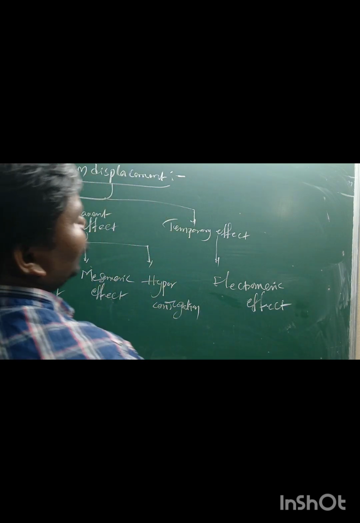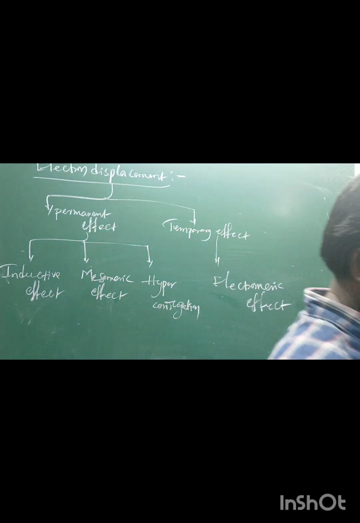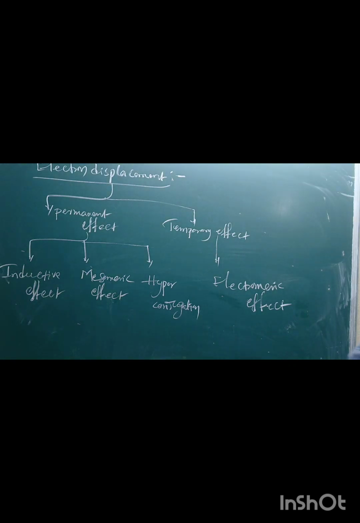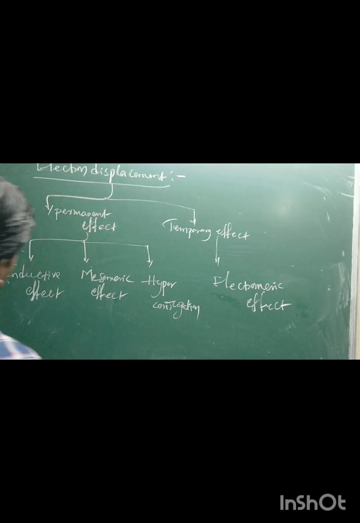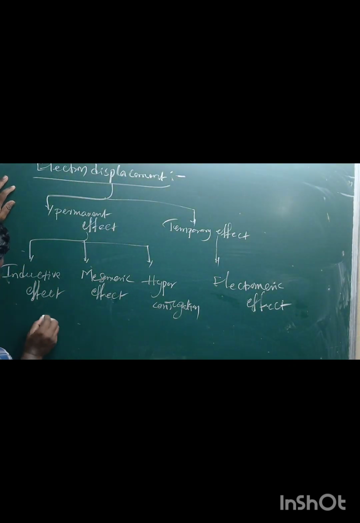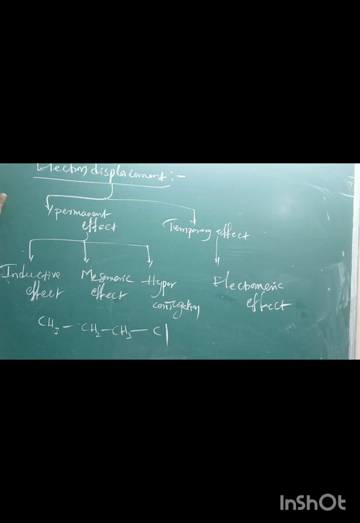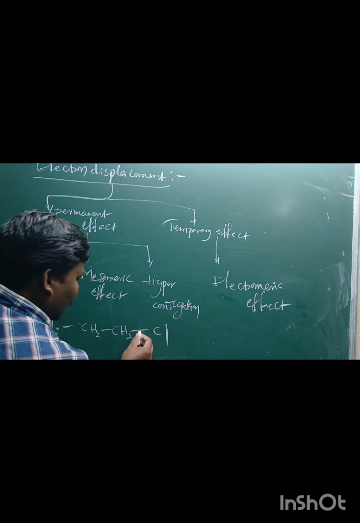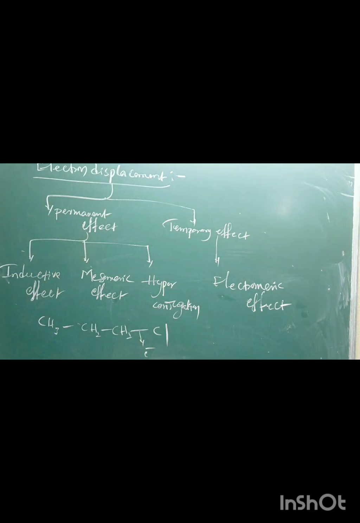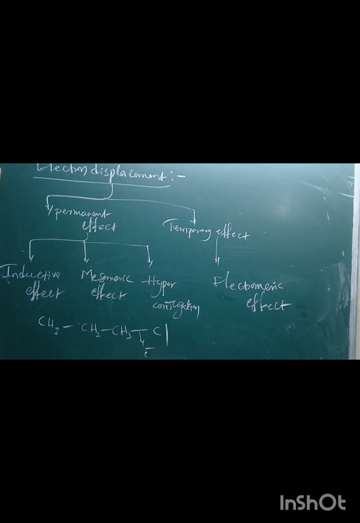What is the inductive effect? A very easy definition: I am taking here CH3 CH2 CH2 Cl. This electron pair is called sigma electrons, or simply a single covalent bond.